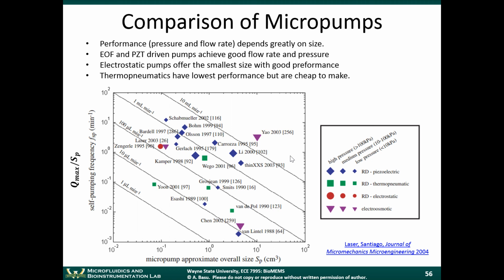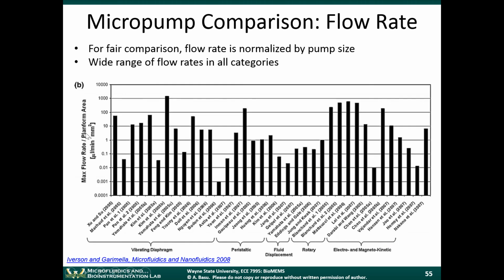In order to account for that, some of these graphs have actually normalized the flow rate. For example, in this one, the max flow rate has been divided by the size of the pump to normalize for those differences. So if you're trying to compare apples to apples, for example.